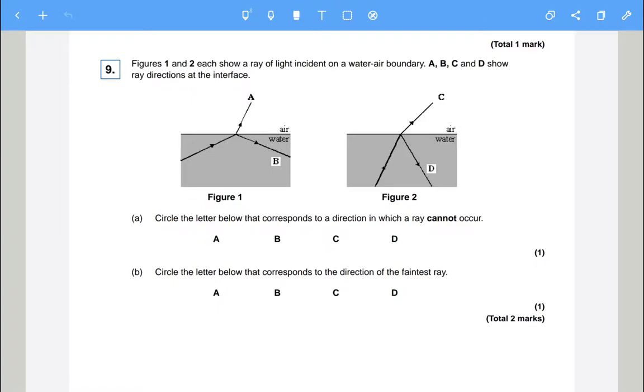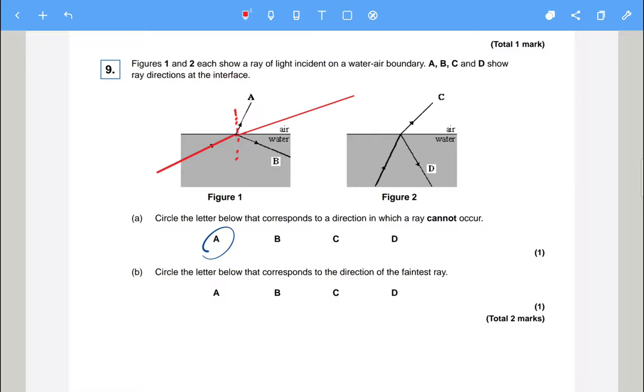So cannot occur must be A. And the reason why is because we've got this light coming in and it's entering a less dense medium. What should happen as you enter a less dense medium is that you refract away from the normal. So it basically should look something like this. But it doesn't, it actually refracts towards the normal, so that's just completely wrong. So that's why A is correct.